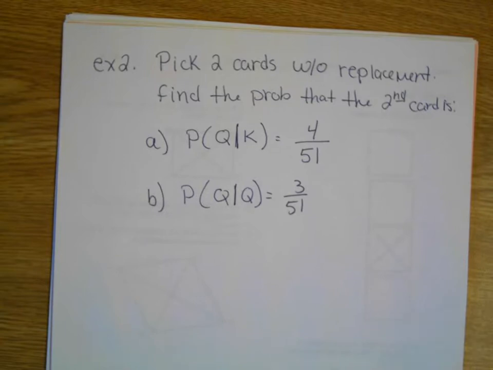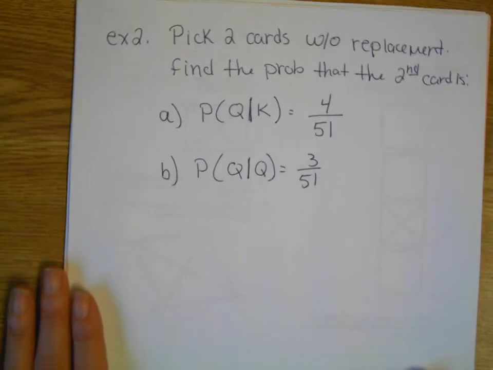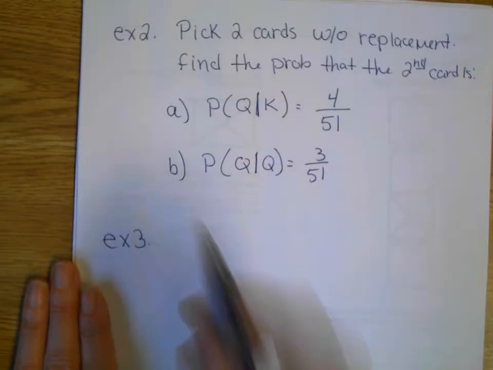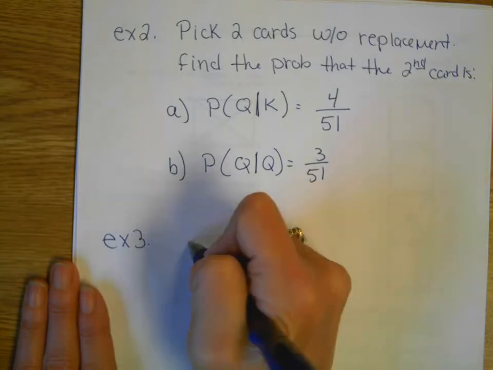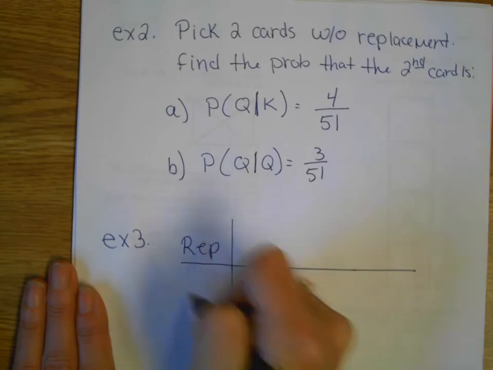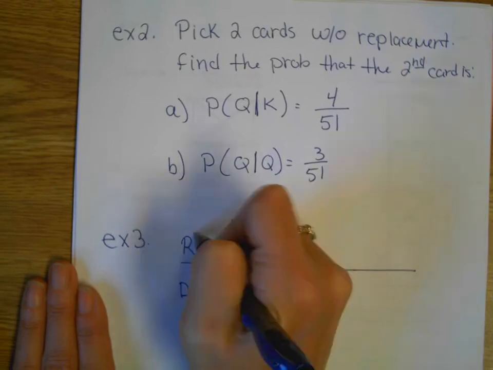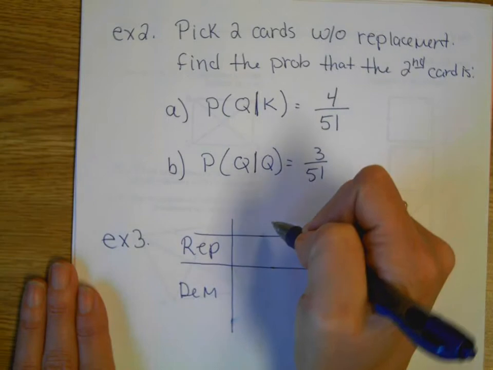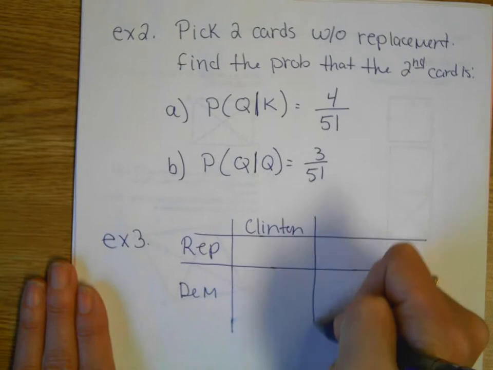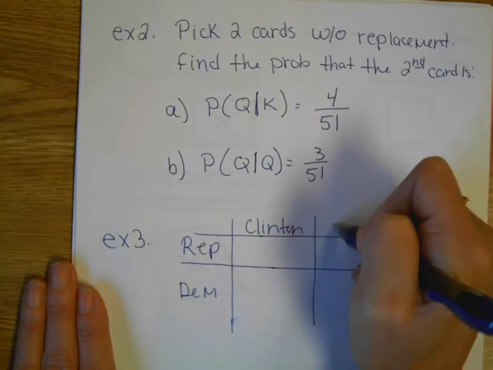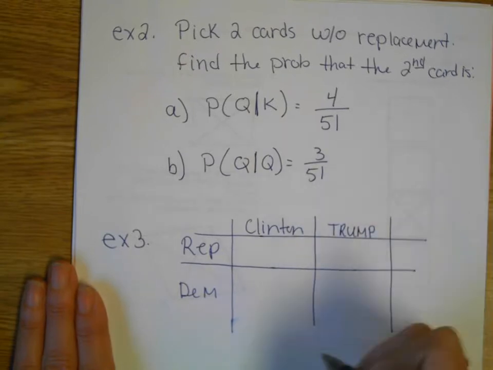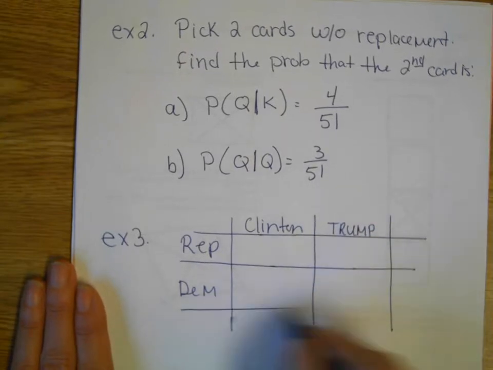Oh, I should have got some newer data with this stuff. Oh, I can just switch the names on here. Okay. Tables. Okay, we'll go Republicans, Democrats, Clinton, Trump. And then our total.